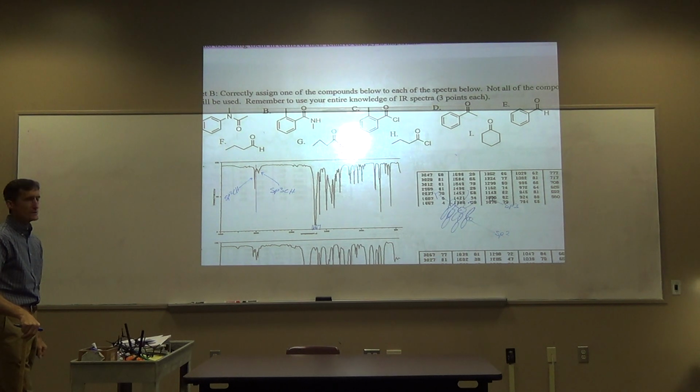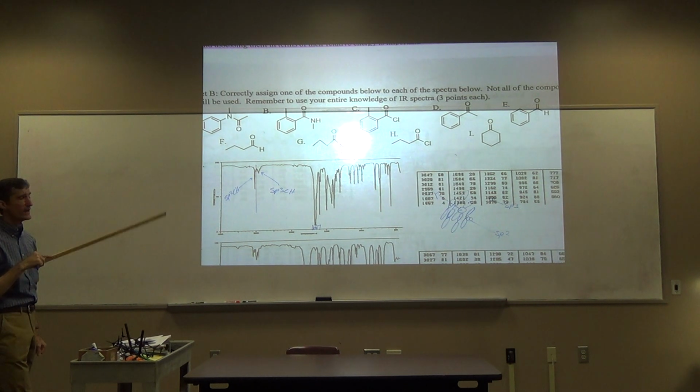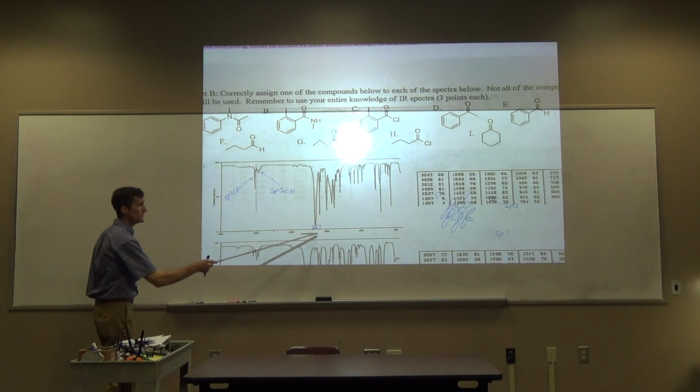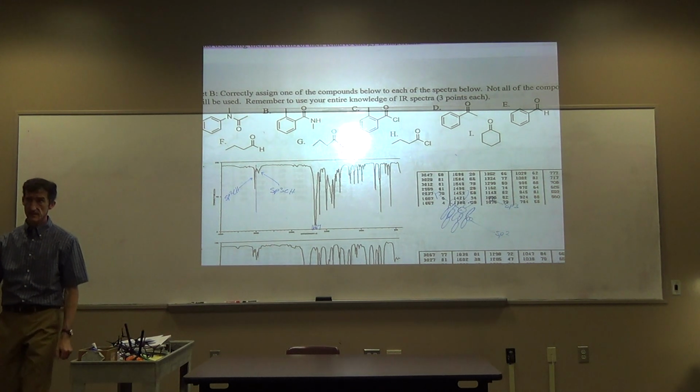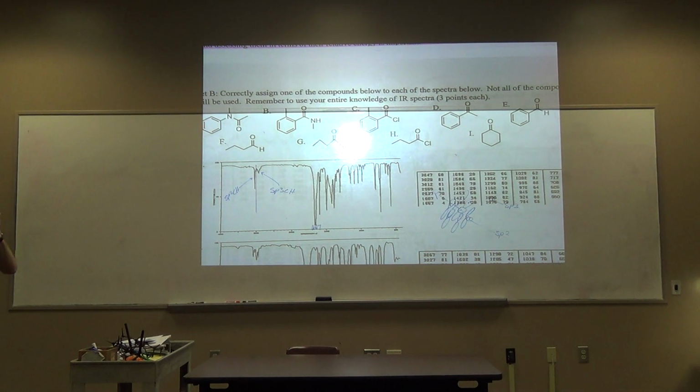Did we talk about carbonyl positioning? The C=O carbonyl of an acid chloride is going to be high, typically more like 1800. So low carbonyl is very often an amide. Look at your carbonyl differences. Amides typically have a low one. Ketones, esters, aldehydes are sort of mid-range, although ester may be a little bit high.